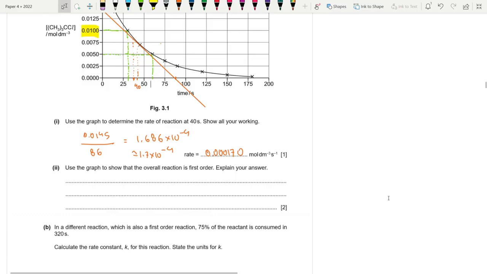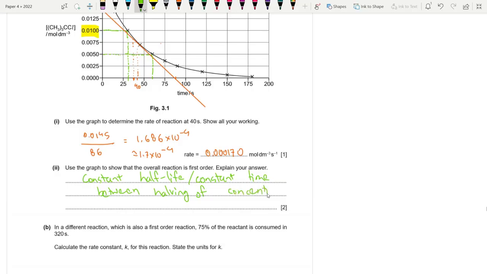So you need to show evidence of the construction lines. You get 1 mark for that, and then you have to say that there is constant half-life, or you can say that there is constant time between halving of concentration (30 seconds), right?